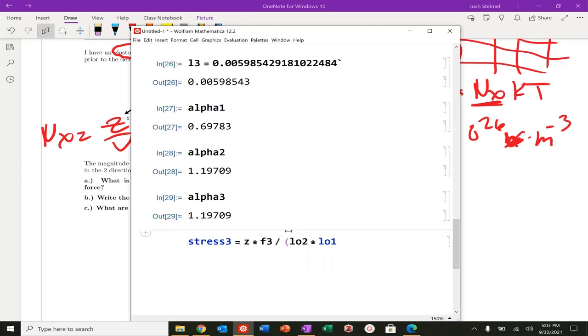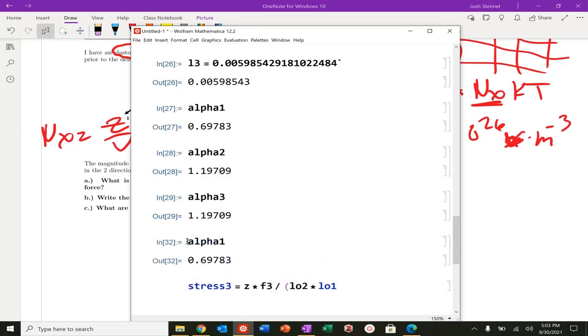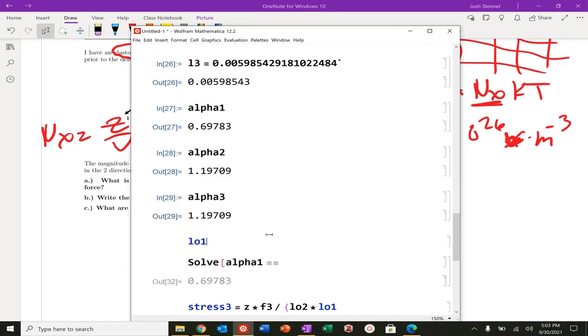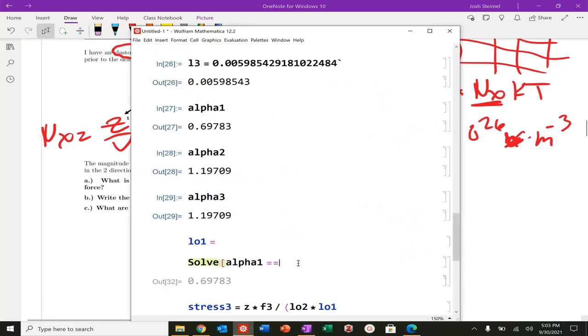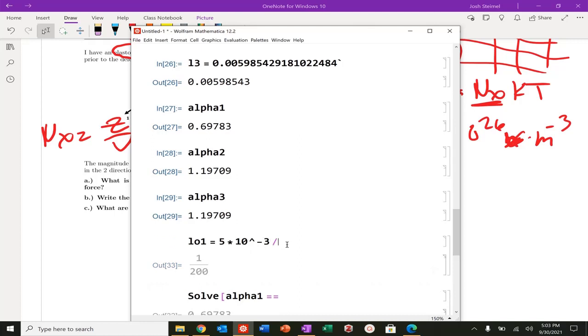What is my L naught 1? Well, my alpha 1 is this, so I need to solve. Actually, I do know what my L naught 1 is equal to: in the direction there, it's 5 millimeters. L1 equals 5 times 10 to the minus 3. So we got that.